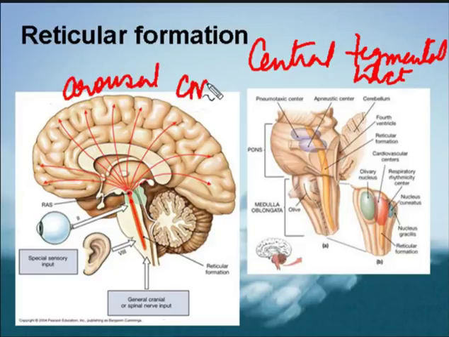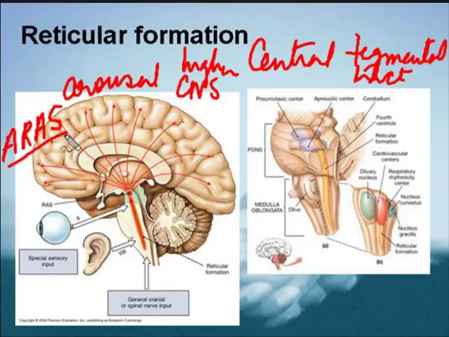So it arouses the higher centers. That's why this tract, which ascends like this, is also known as the ascending reticular activating system. That is the importance of the reticular formation. So one of its functions is this arousal.